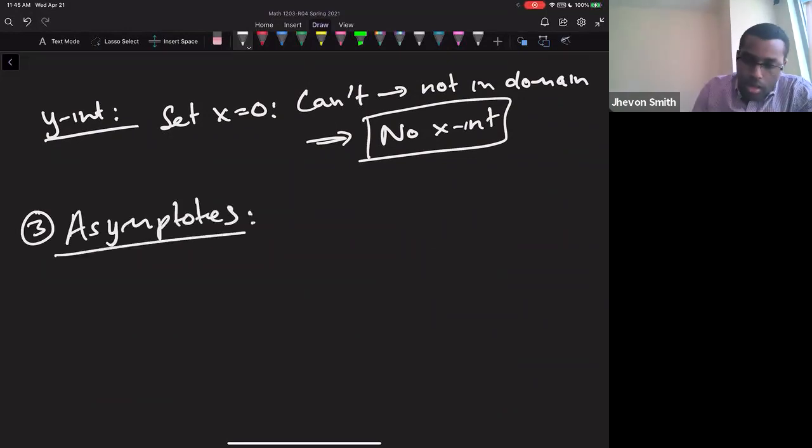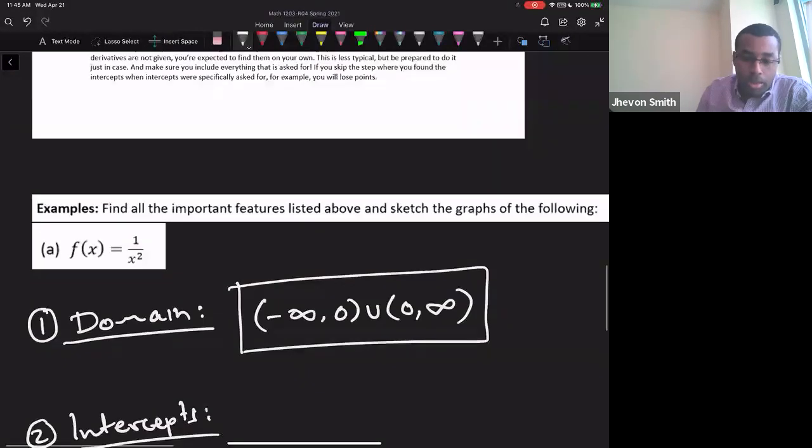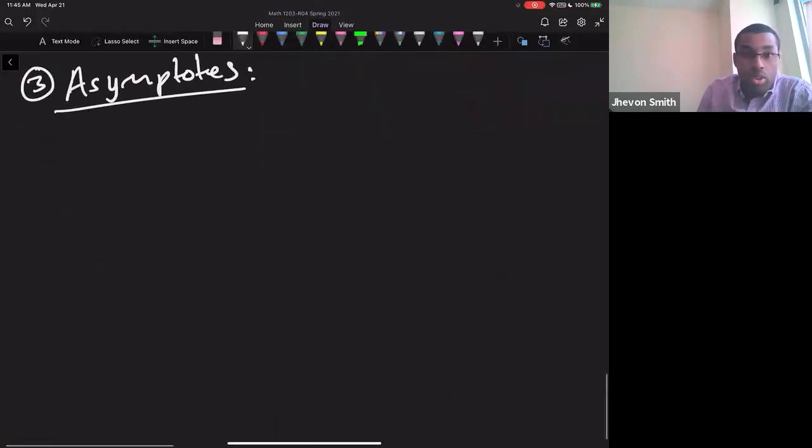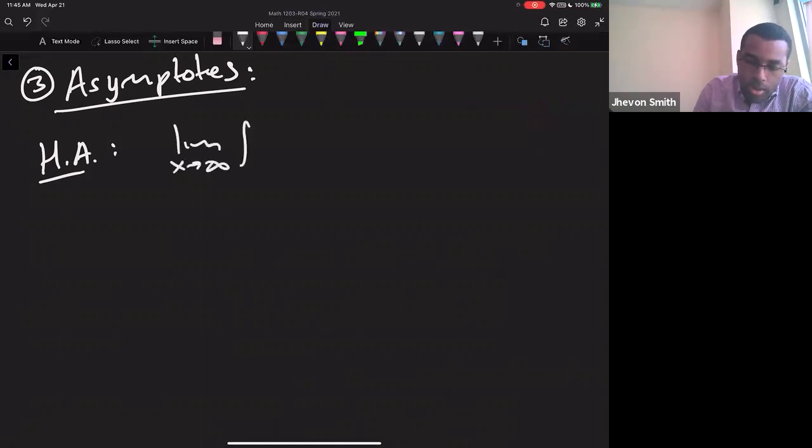Okay. So remember, there were 2 kinds of asymptotes we cared about. We cared about the horizontal ones and the vertical ones. For the horizontal ones, what we do is we find the limit as x approaches infinity of our function, which, since it's a rational function, is going to be the same as the limit as x approaches negative infinity of our function.